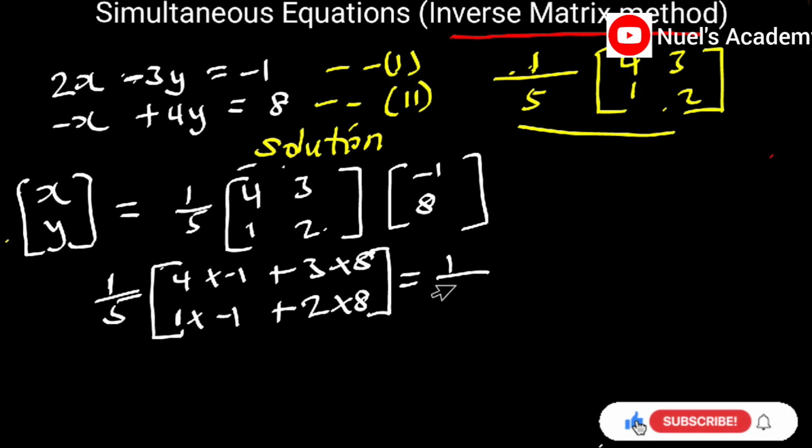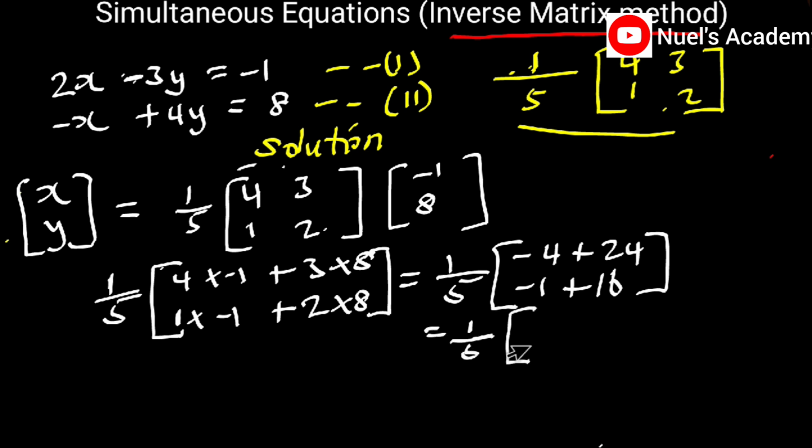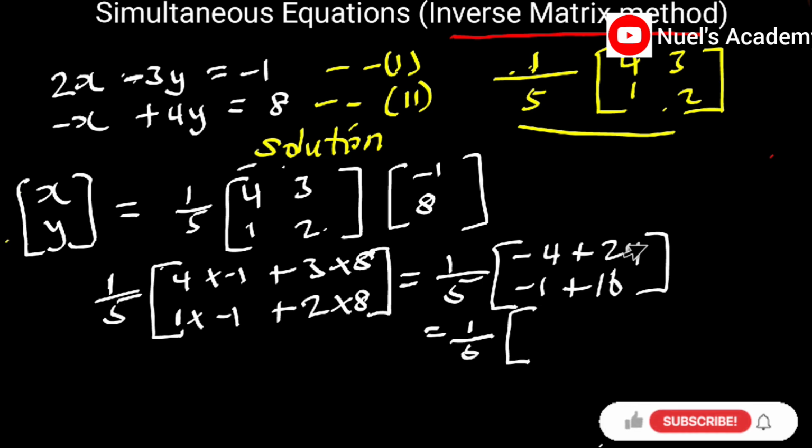So this is equal to 1 over 5 into 4 times negative 1 is minus 4, and then 3 times 8 is 24. Then 1 times negative 1 is minus 1, plus 2 times 8 is 16. So we have 1 over 5 into minus 4 plus 24, which gives us 20, and then minus 1 plus 16, which gives us 15.